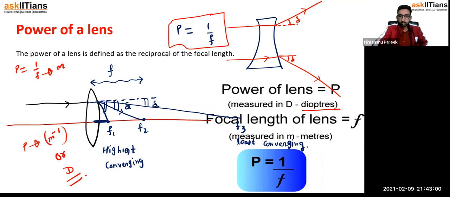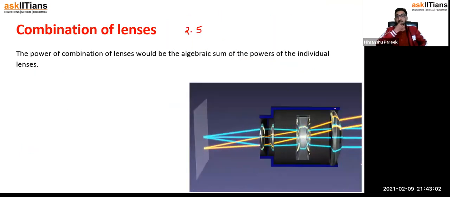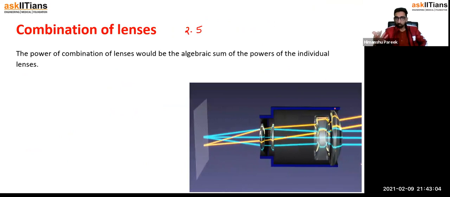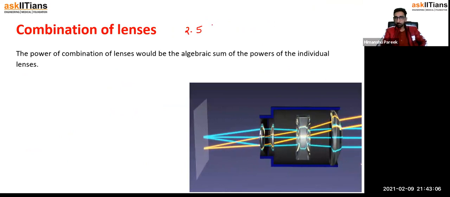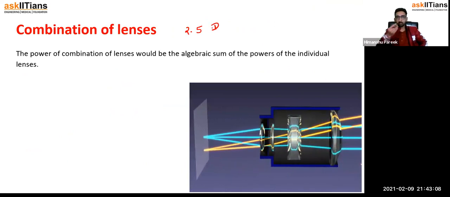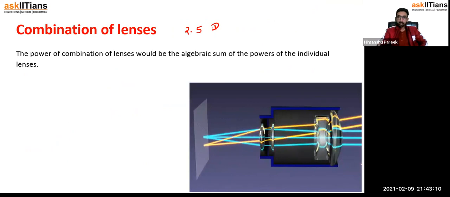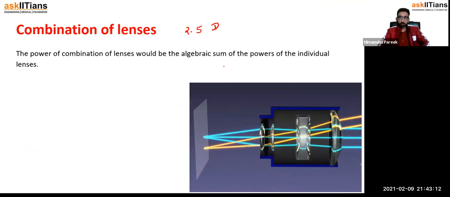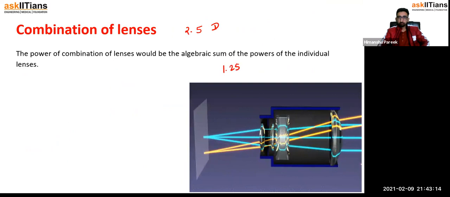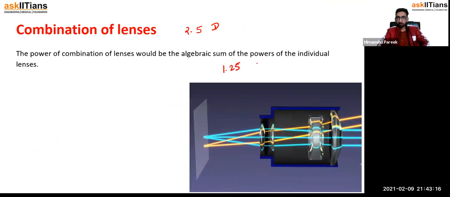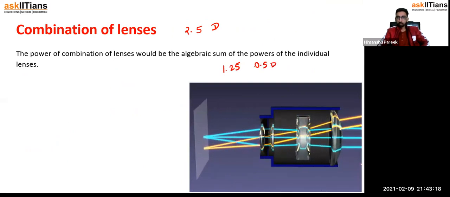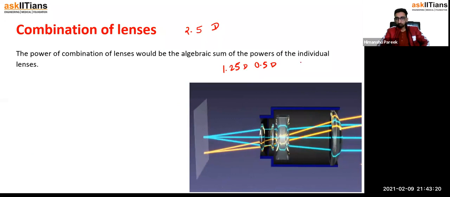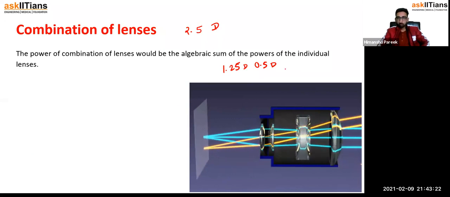Now let's go ahead with the combination of lenses. So what does this combination of lenses mean? Suppose somebody needs 2.5 diopter power, but right now in my shop, let's say I have 1.25 diopter, and I have 0.5 diopter, and only these two are available.